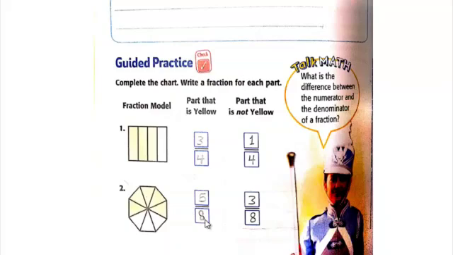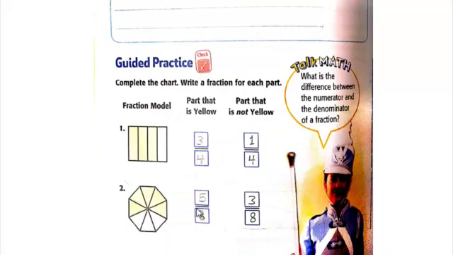And that's called the denominator. Up, you will write the part that is yellow. So here, how many parts are yellow? 1, 2, 3, 4, 5. 5 parts. This is called the numerator and that's called the denominator.